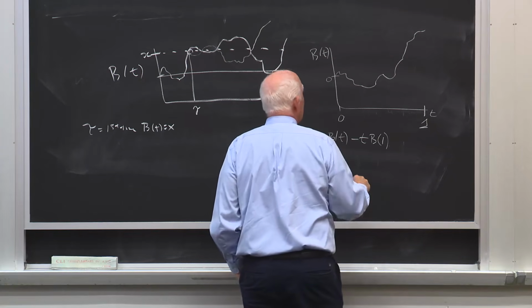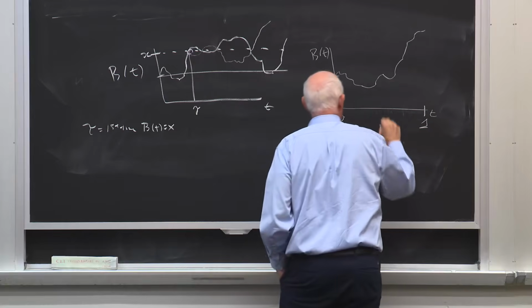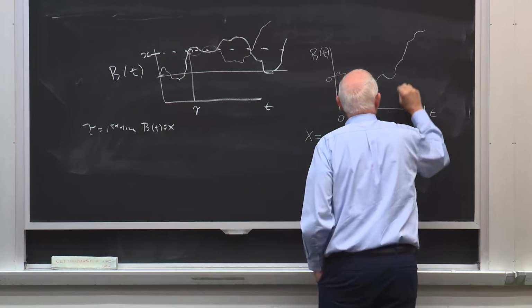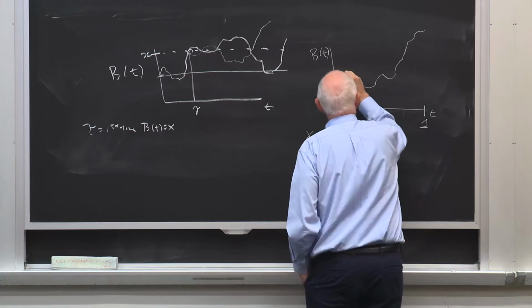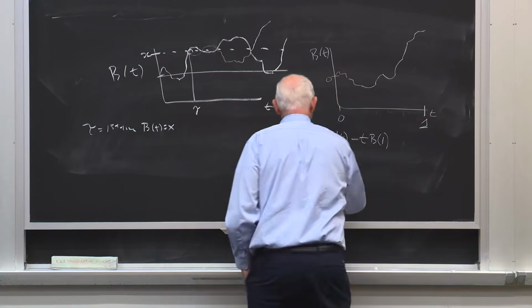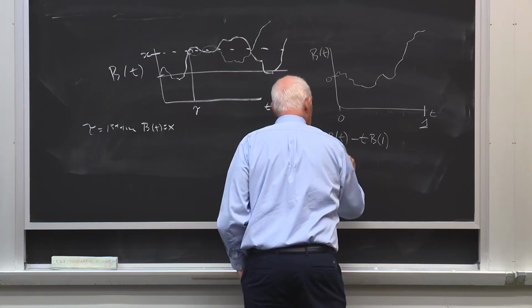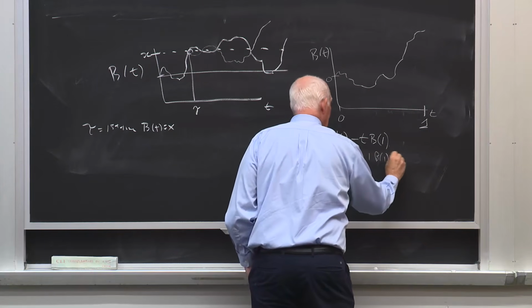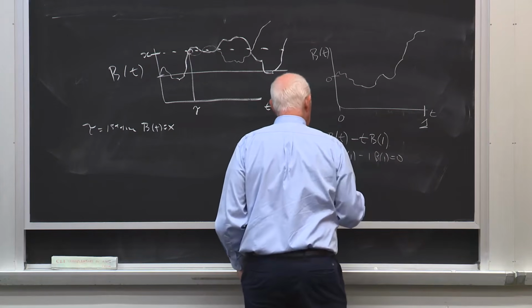Let's look at this process. x of 1 is equal to b of 1 minus 1 times b of 1, which is equal to 0.